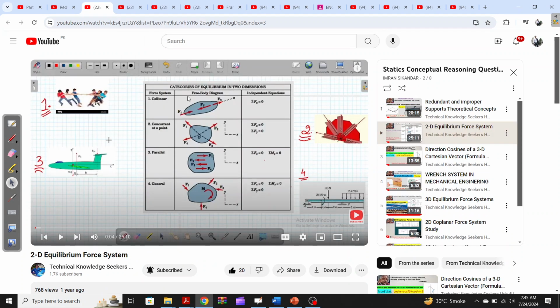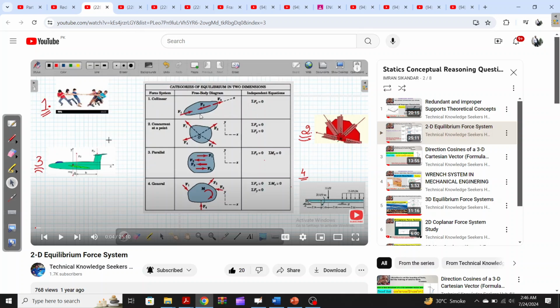Here we have explained all the basic fundamental systems, and I have shown the sketches also for a collinear system, concurrent at a point, parallel system, and concurrent and general force system. How to draw a free body diagram of each section and the related fundamental independent equations are also shown.